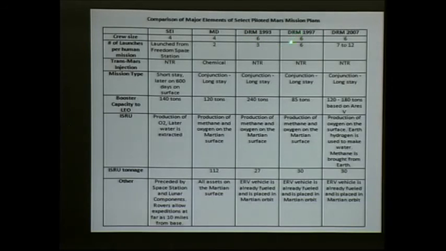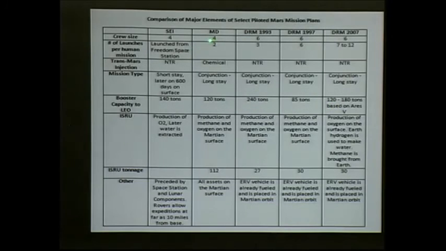We have a Design Reference Mission that was issued in 1997, which was largely based on some successes that were occurring in Mars exploration. And in 2007, based on what was happening with Project Constellation, the plan was again developed because a 140-ton booster was currently being built. So you can see some of the differences.